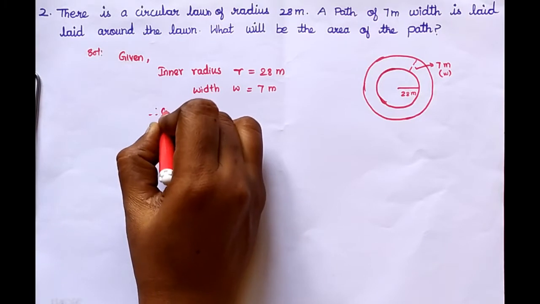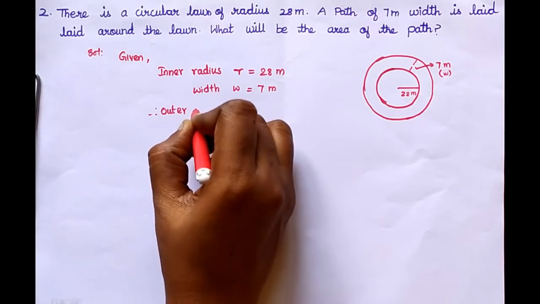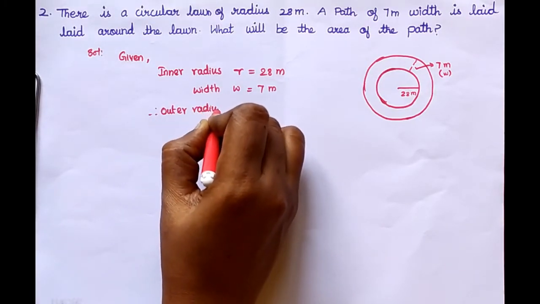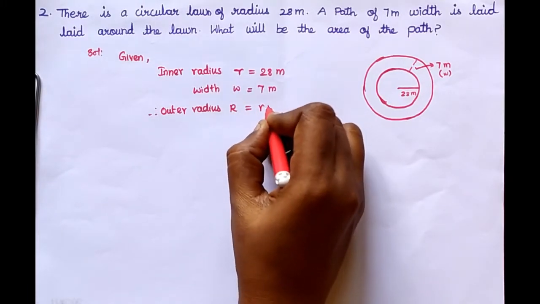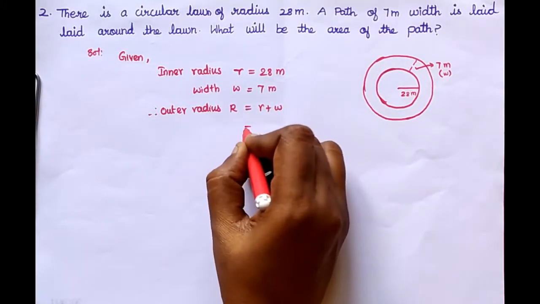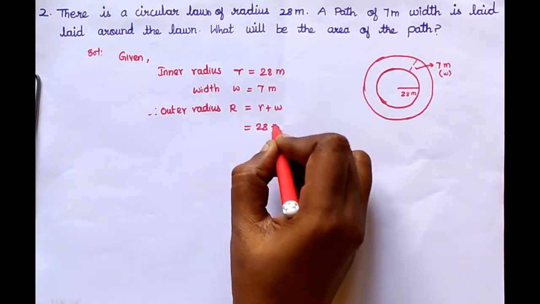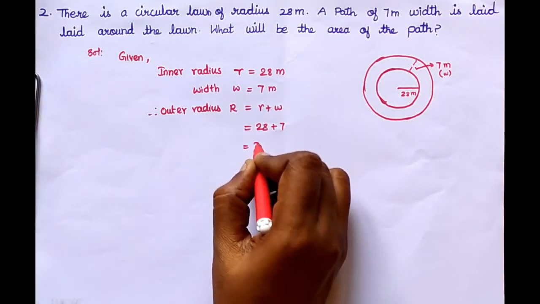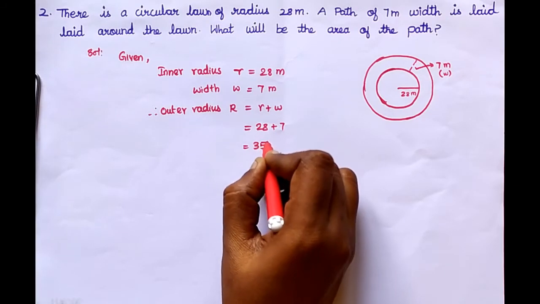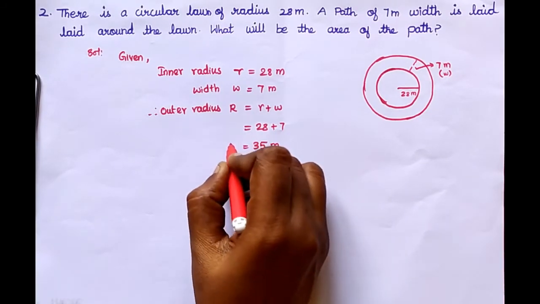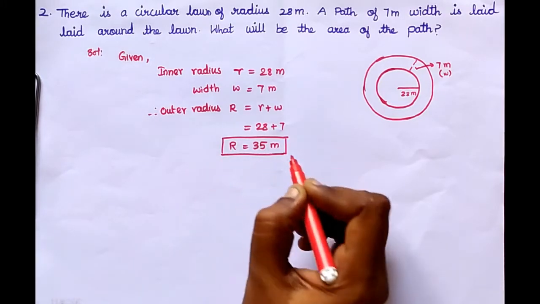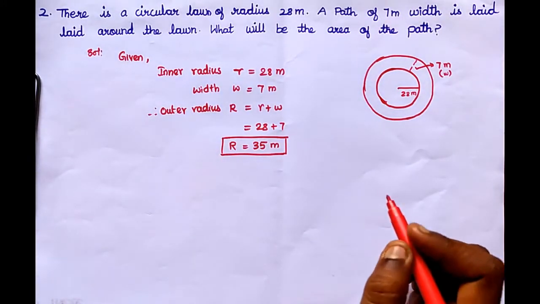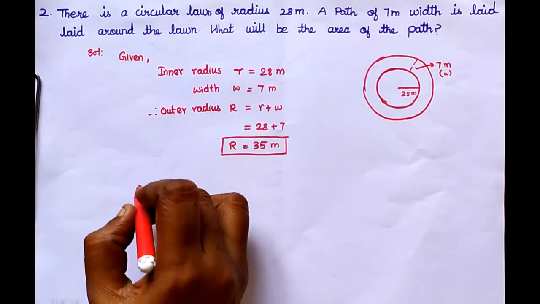Now outer radius capital R equals, what's the formula? Small r plus W. That is equal to 28 plus 7. We get 35 meter. That is capital R, the outer radius.